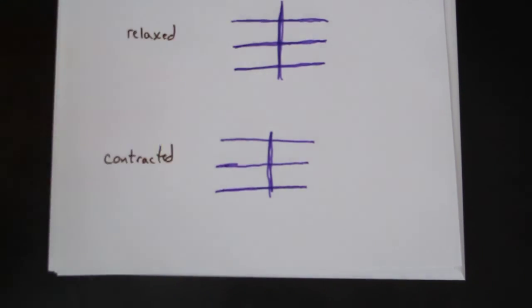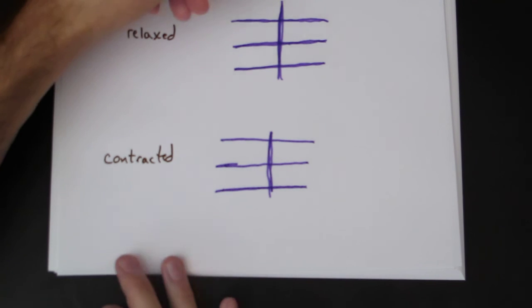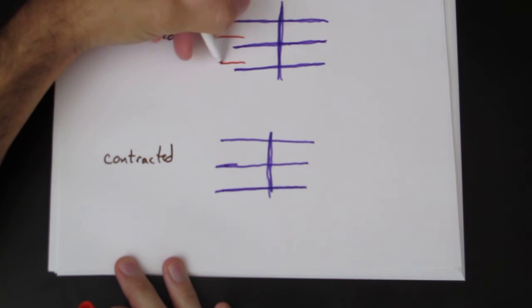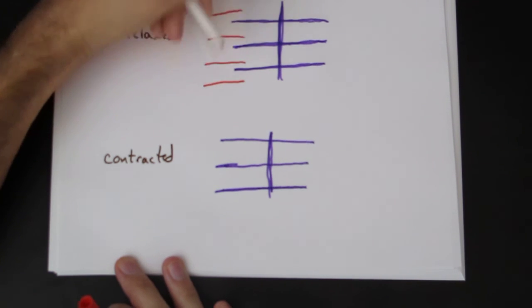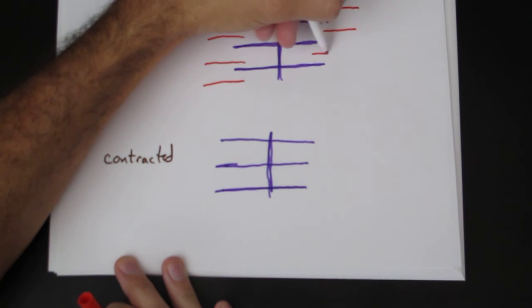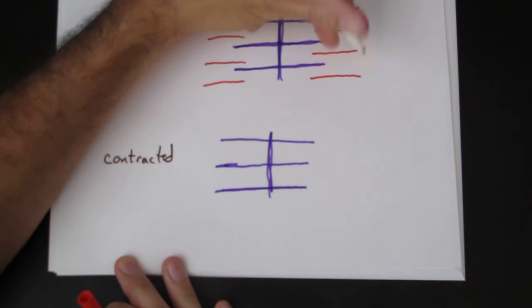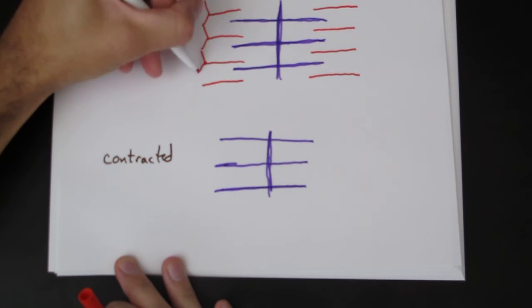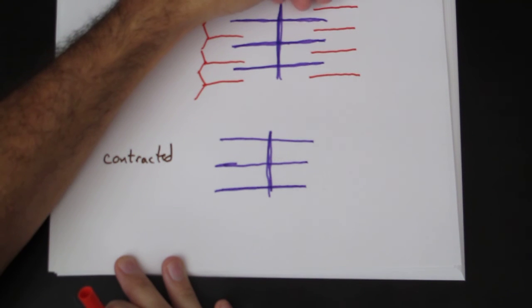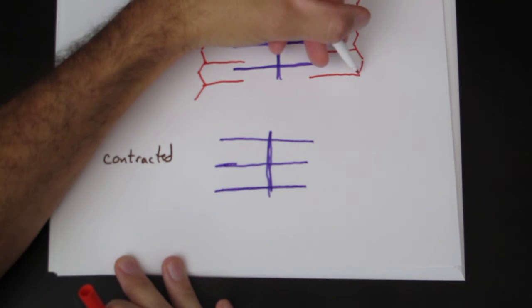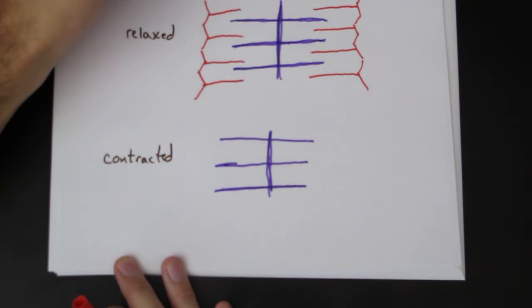And then we have our thin filaments. I'm going to draw them here first. We're going to draw our sarcomere again. Something like that anyway. Looks like I got it right.